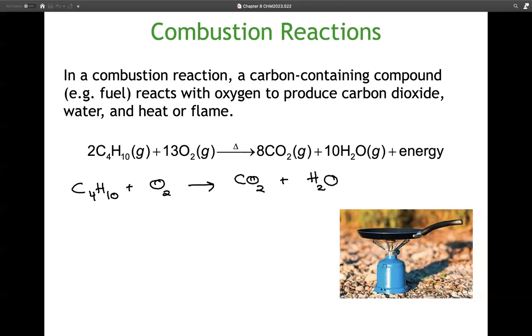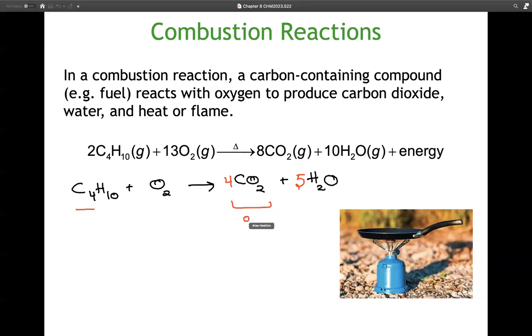So we have 4 carbons here, so I'm going to add 4. And I have 10 hydrogens here. I only have 2 on the product side, so I'm going to add 5. That's 10 hydrogens in the product, 10 hydrogens in the reactant, 4 carbons in the product, 4 carbons in the reactant. So I'm only left with oxygen.